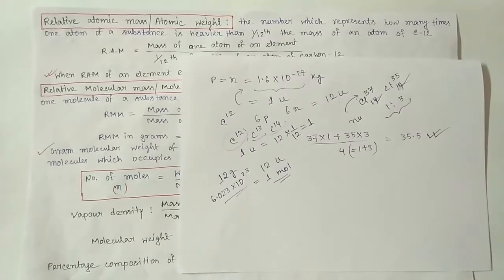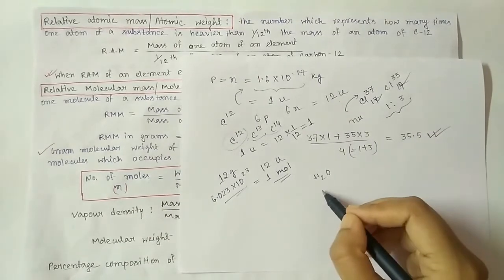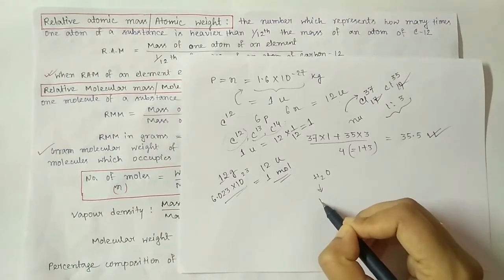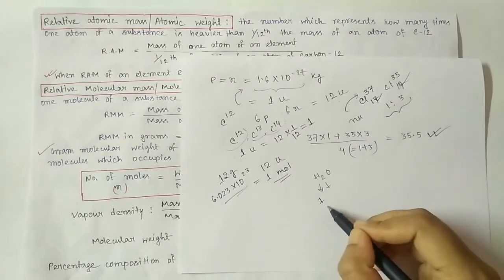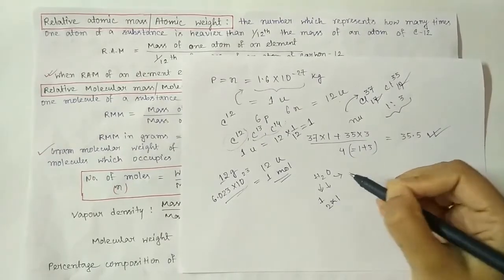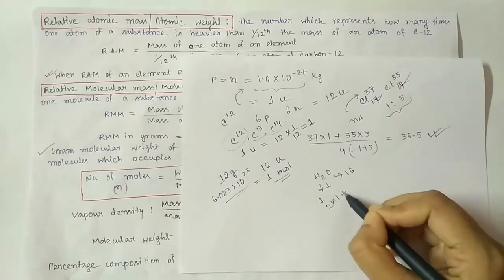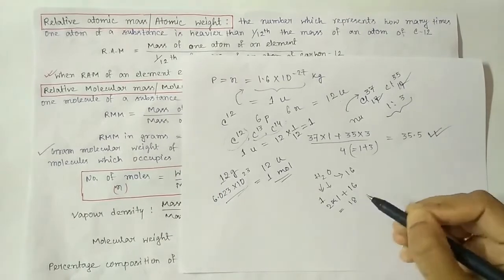Now you are asked to determine the molecular mass or molecular weight of H2O. Now we know that hydrogen atom has atomic mass or atomic weight 1. As there are 2 atoms of hydrogen, we have to take 2 × 1. And we know that oxygen has atomic mass 16. So we add 16 to it, and thus we get 18.